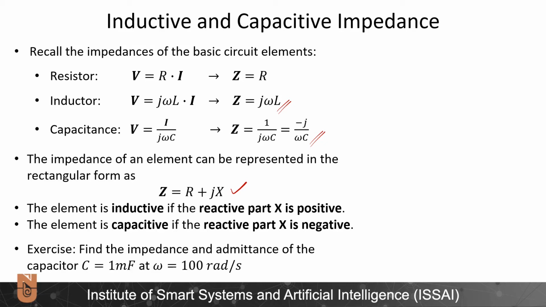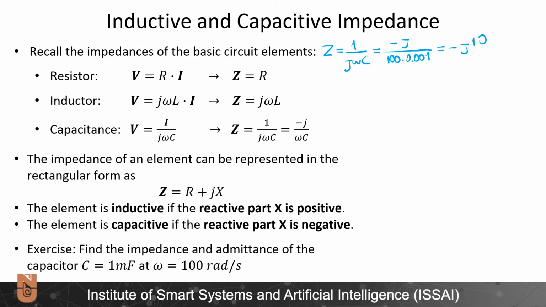Now we need to find the impedance and admittance of the capacitor C equal to 1 millifarad at ω equal to 100 radians per second. Z is equal to 1 over jωC, and this is equal to minus j over 100 times 0.001, and accordingly this is equal to minus j10.